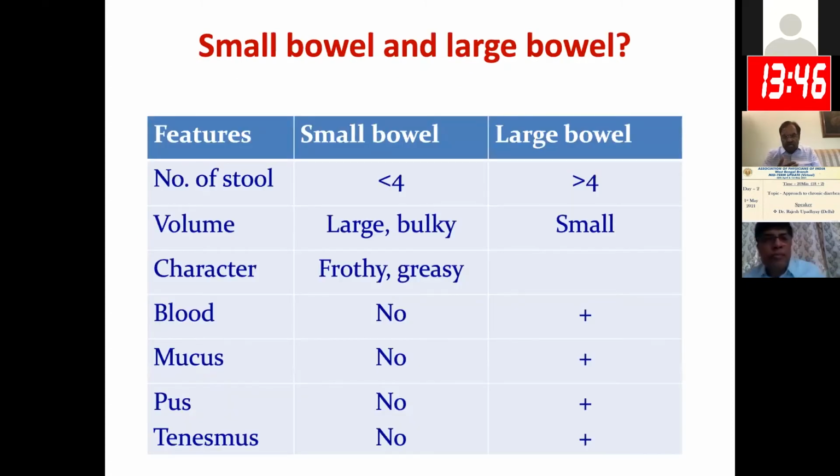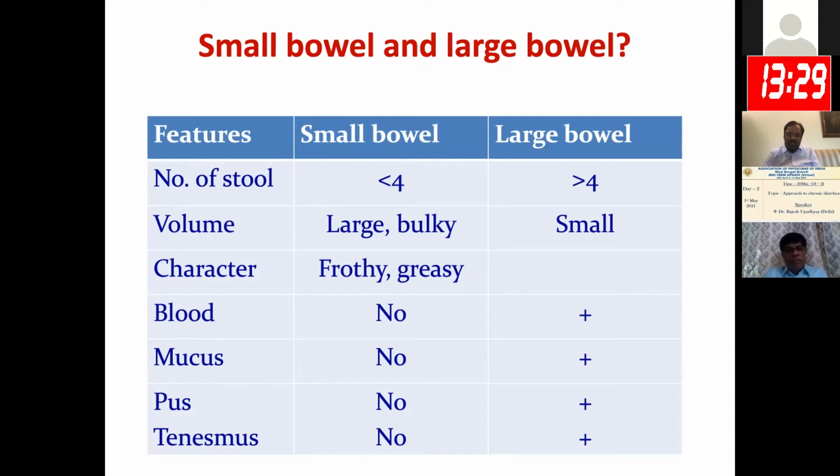So now let's come to the question of whether it is small bowel or large bowel. Well, small bowel diarrhea is large volume but smaller number of stools, whereas large bowel diarrhea there is more frequency, but the stool volume is small.